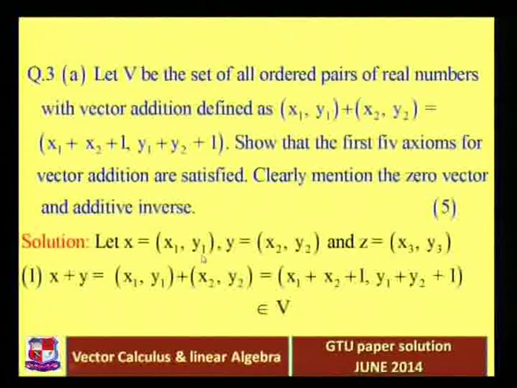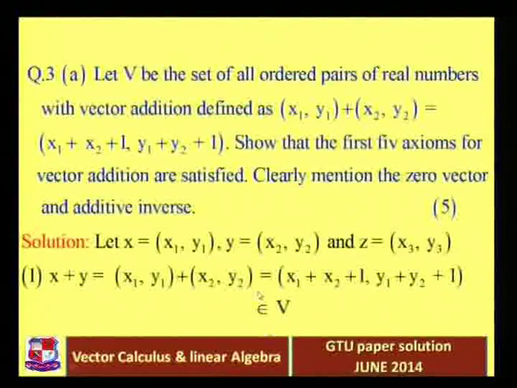Let x be (x1, y1), y be (x2, y2) and z be (x3, y3). First, for any x, y belonging to V, we want to check whether x plus y also belongs to V. x plus y is equal to (x1, y1) plus (x2, y2), which by our definition of addition is (x1 plus x2 plus 1, y1 plus y2 plus 1).